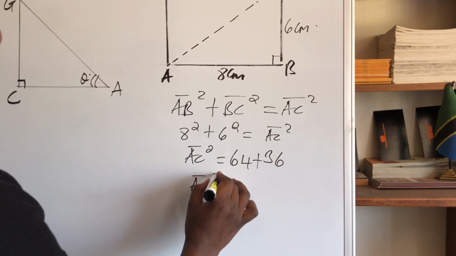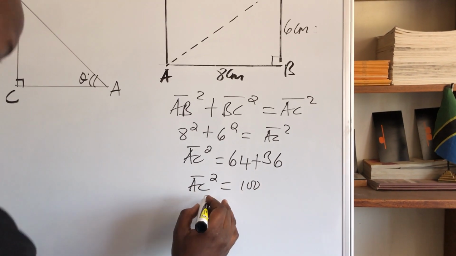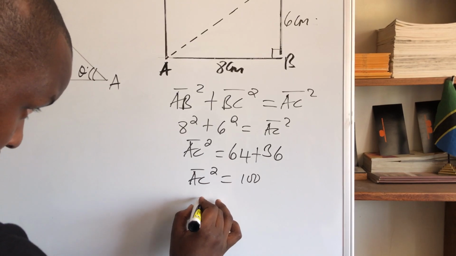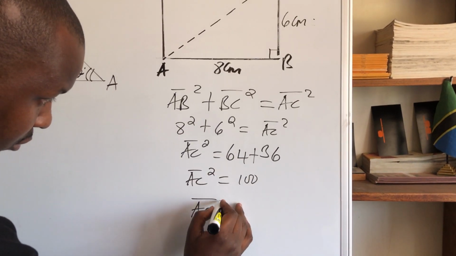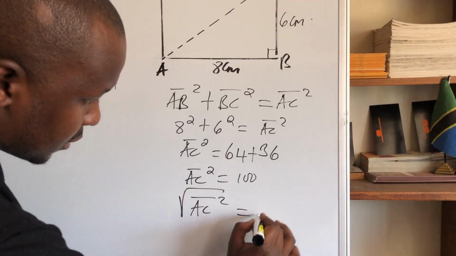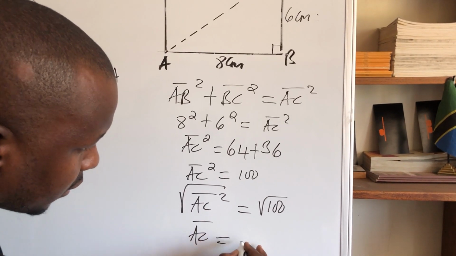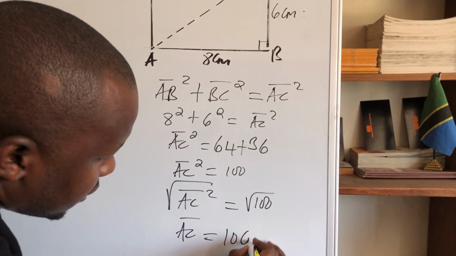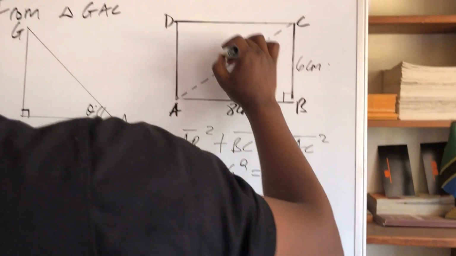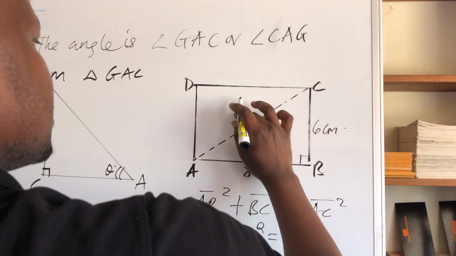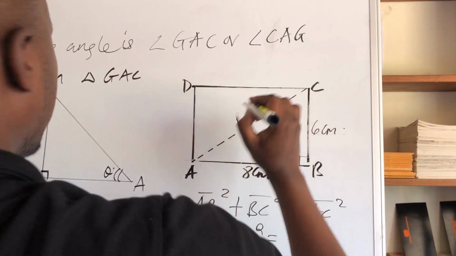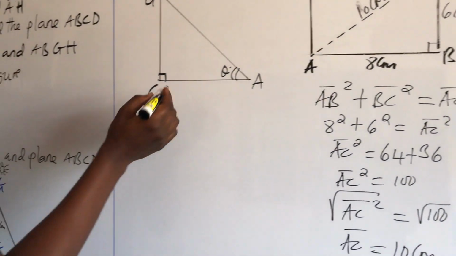Now AC squared equals 100. On square rooting both sides, AC will be equal to 10 centimeters. So now we know AC is 10 centimeters.